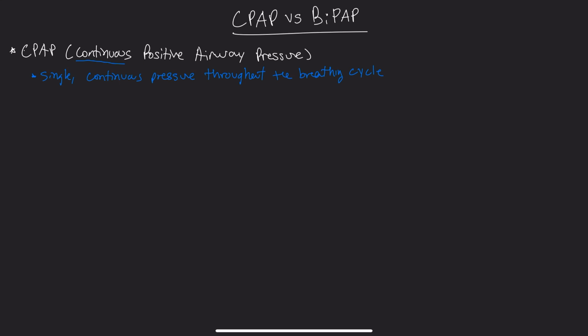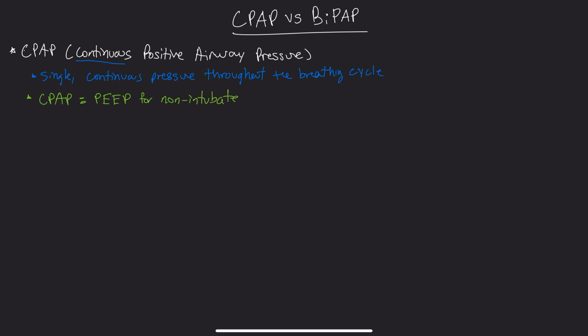How you can think about CPAP is basically it's PEEP for non-intubated patients, right? We'll talk about this in a second, but CPAP, PEEP, so positive end expiratory pressure for non-intubated patients.